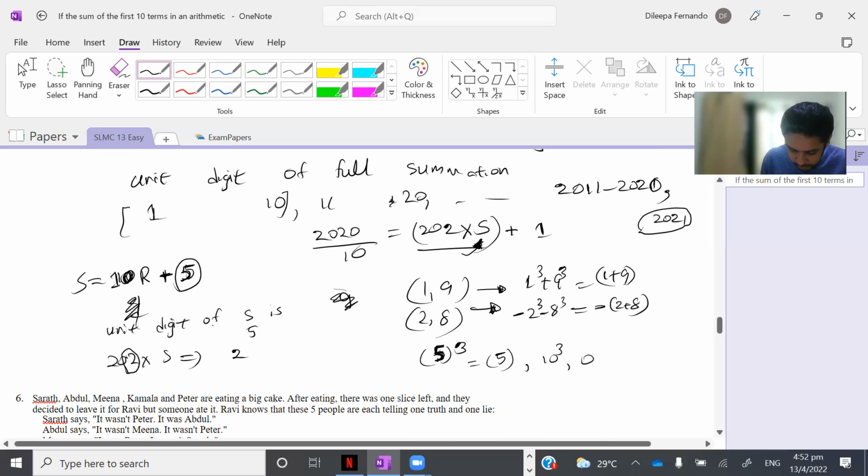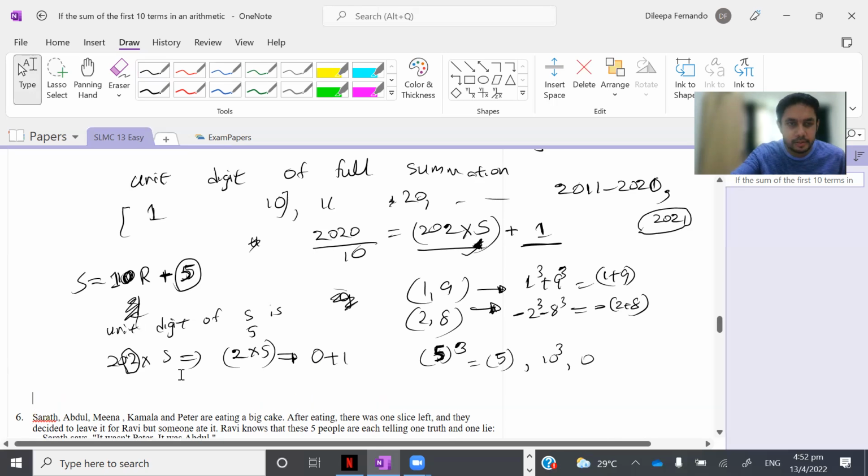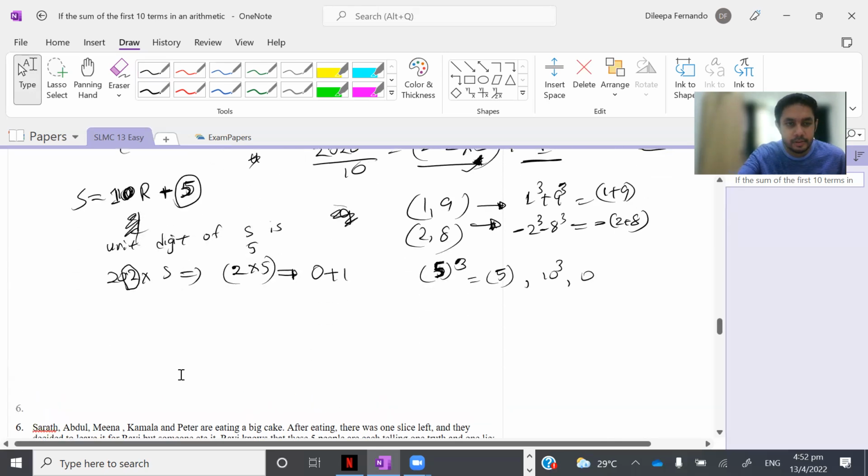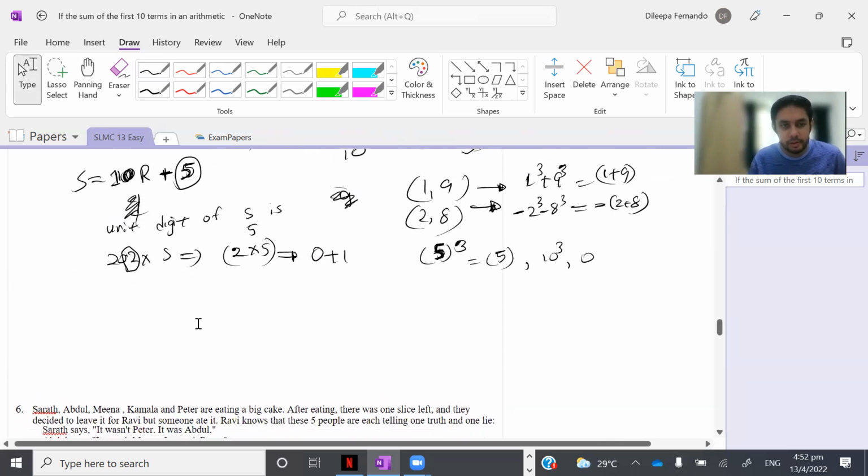The unit digit of s is 5. 2 into 5 is 10. That means the unit digit is 0. But you have to consider the other one as well. So the unit digit becomes 1.